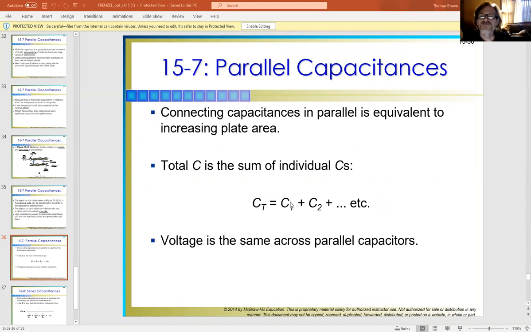The formula is as such, and it seems strange, because it's not like resistors. With resistors in parallel, we had to use a particular formula to get the overall resistance. Well, capacitors in parallel add up.